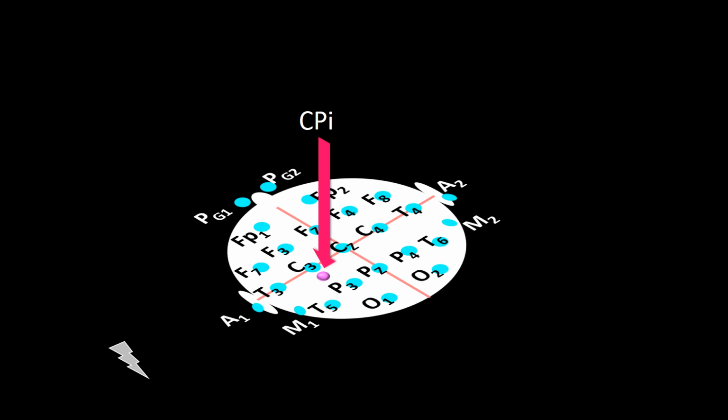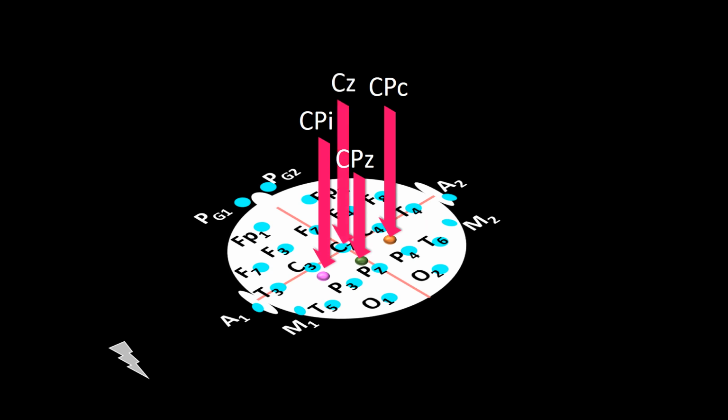The place to start is using the centroparietal region ipsilateral to the stimulus, followed by the centroparietal region midline, followed by the contralateral centroparietal region, then the midline central region, followed by the midline parietal region, and the last site to be evaluated is FPZ.